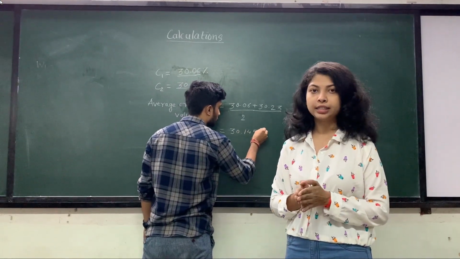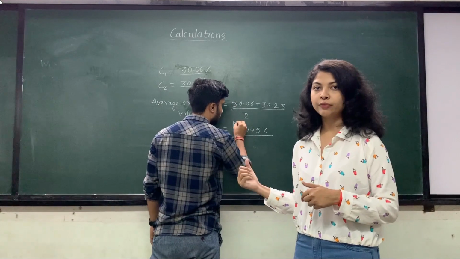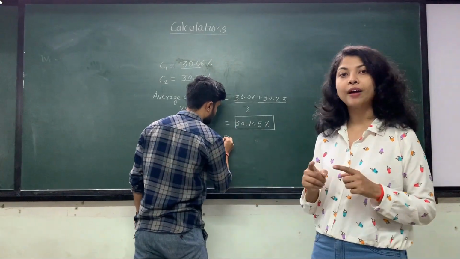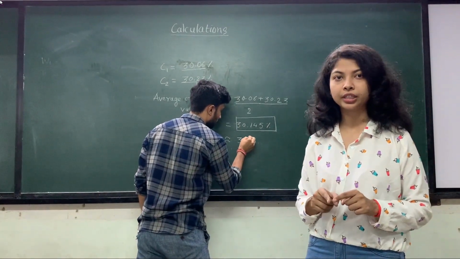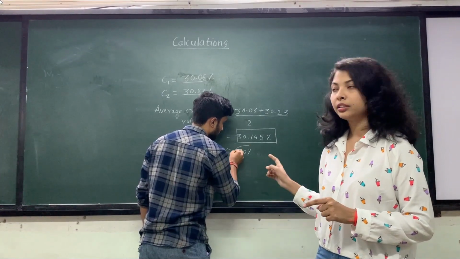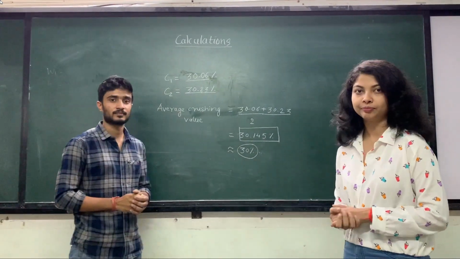The IS code also tells us to round off this value to the nearest integer, so the final value of our aggregate crushing test is 30% only. And now we have the test result, that is a 30% crushing value of the aggregate.